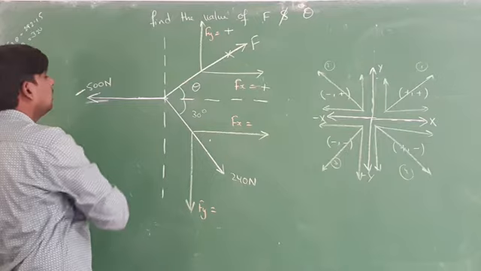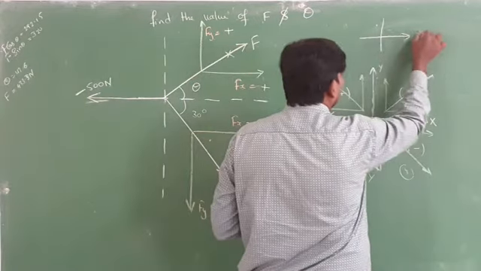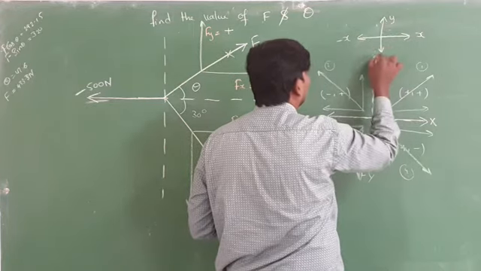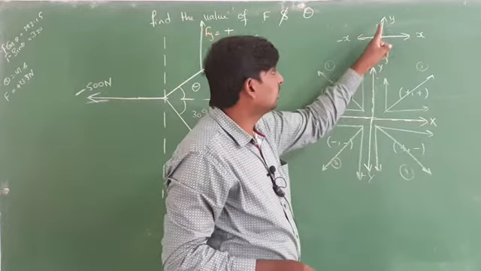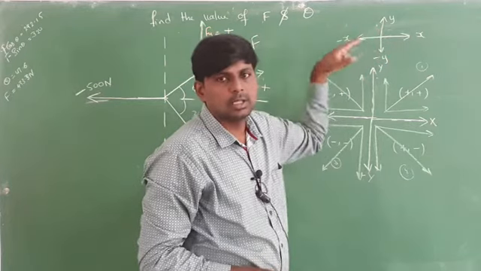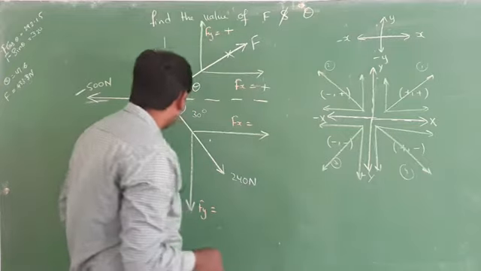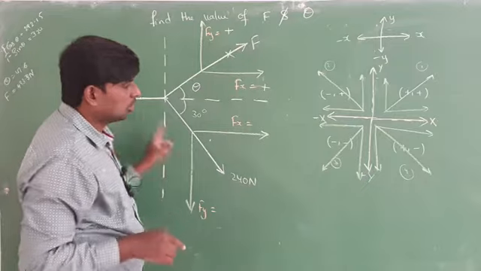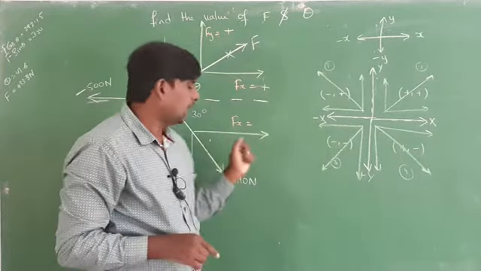Because normally this is x and this one is minus x, this is y and this one is minus y. In this case you have to write the minus, because it is lying on the minus x axis.